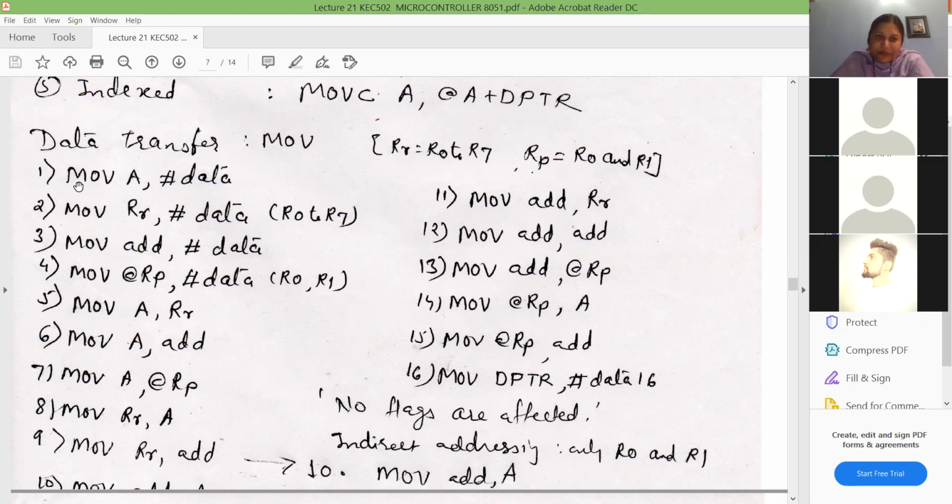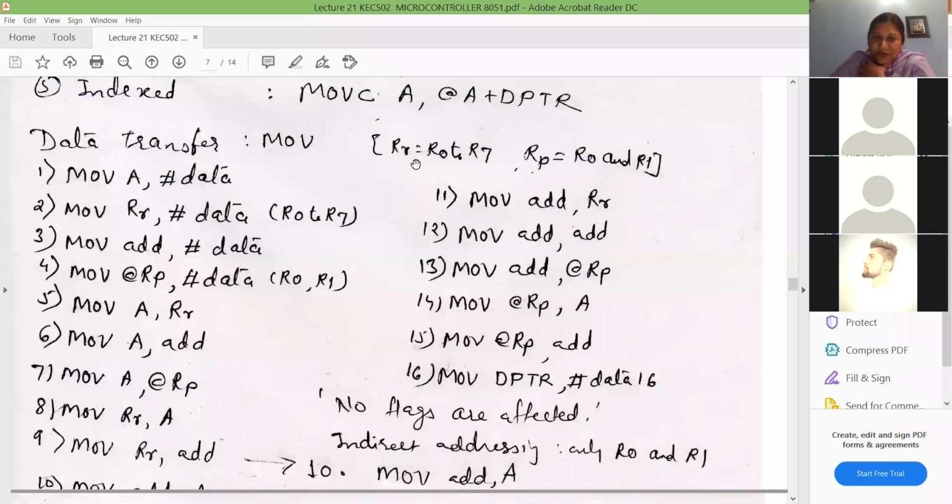Also, in 8085 for immediate addressing the MVI instruction was there, but in the 8051 microcontroller the MVI instruction is not there. It is MOV only. Even if it is immediate data moving, it is MOV. Even if it is not immediate data, then also it is MOV.